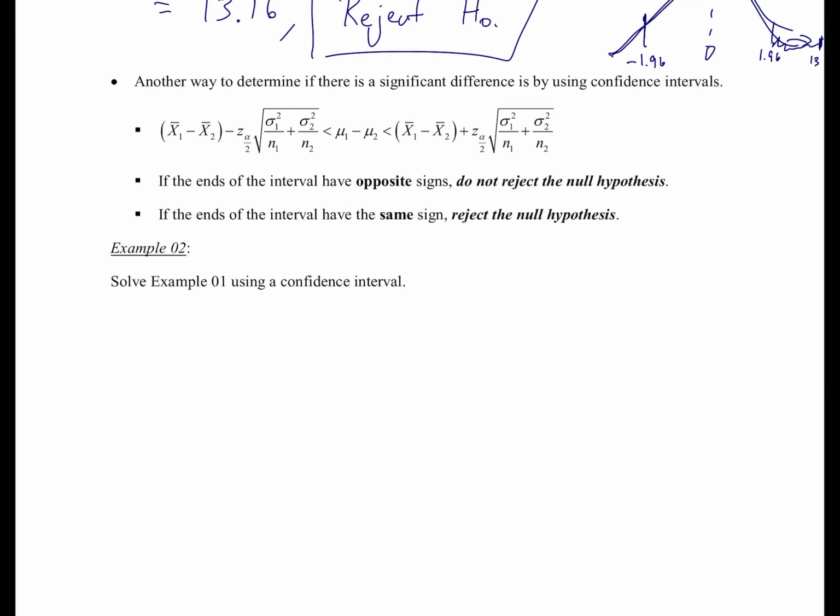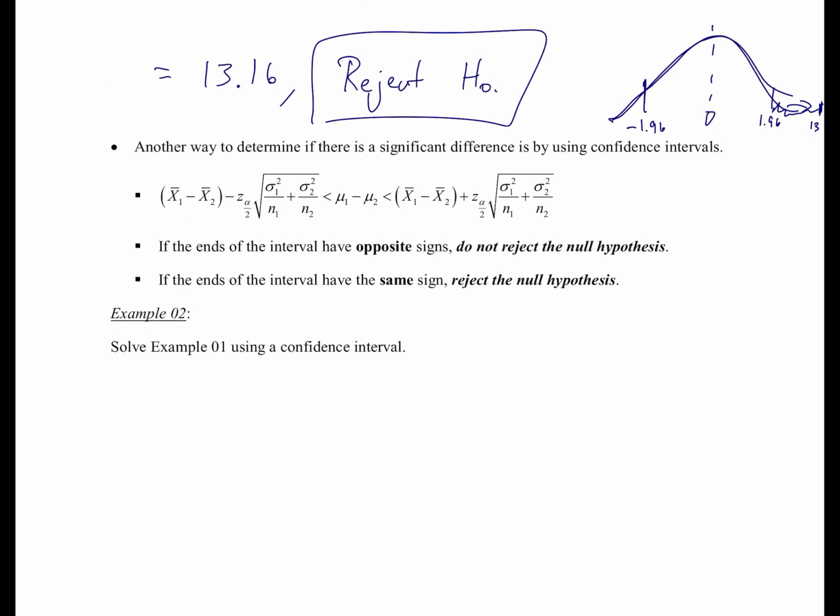I know this video is going to be a little bit long, but I think it'll be best if I just squeeze in example 2 before I conclude. So there's an equivalent way to determine whether we should accept or reject the null hypothesis, and that's by using the confidence intervals strategy that we talked about earlier. This is basically, in some sense, just a rearrangement or an equivalent approach.